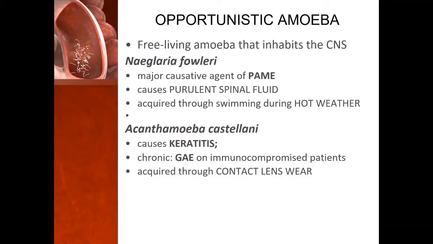Once again, they are called opportunistic amoeba because they are only pathogenic if the situation is good for them, meaning accidentally they can go through your eyes or your nasopharyngeal area. Although they are free-living, meaning they don't need a host to do their life cycle. So, they are free-living.